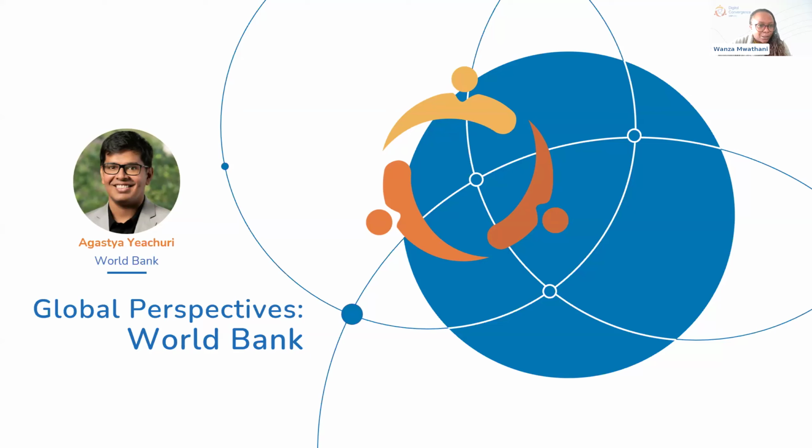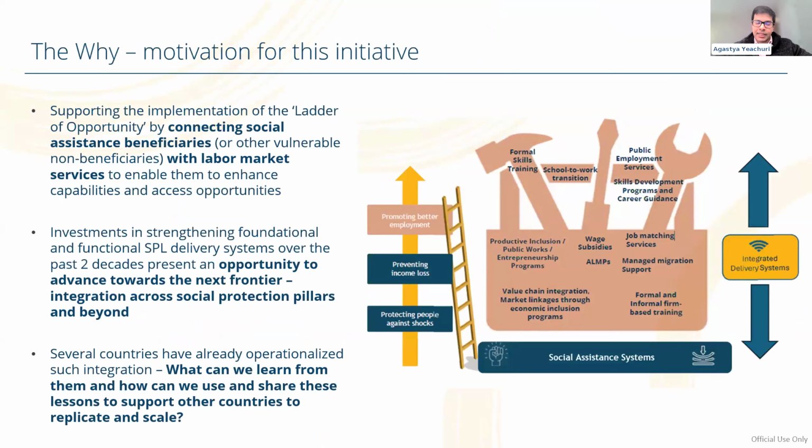I'll give a short presentation today about the World Bank's preliminary research and thinking on the integration of social protection and labor market systems. Over the past 2 decades, we've seen increasing investments in strengthening social protection delivery systems as well as labor market systems, but these have often been done in silos.